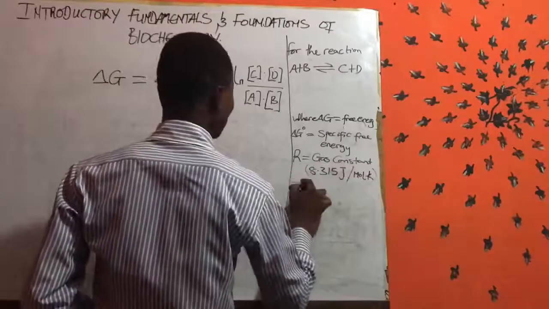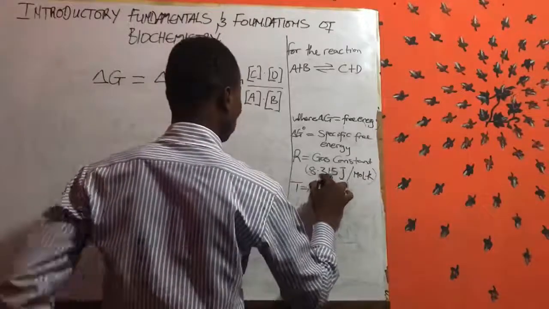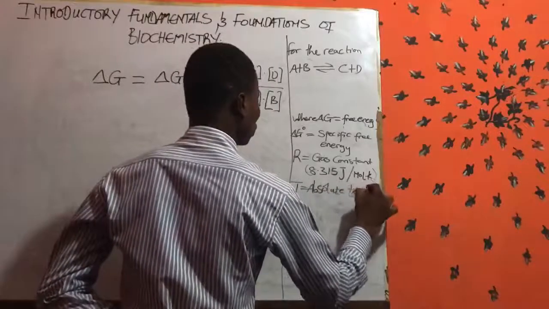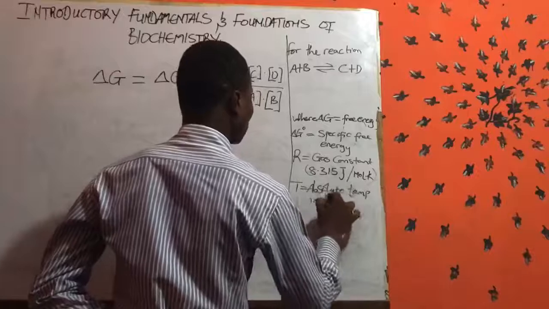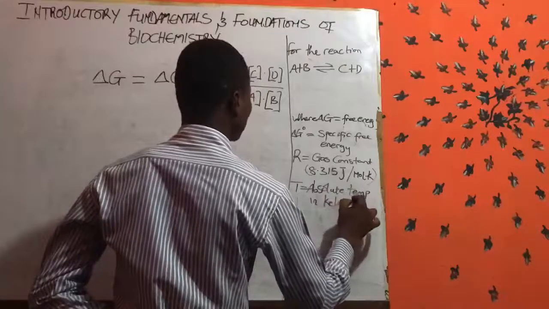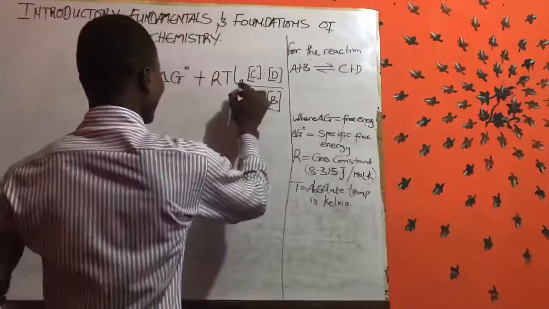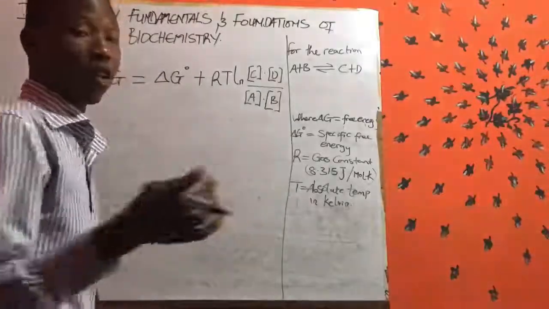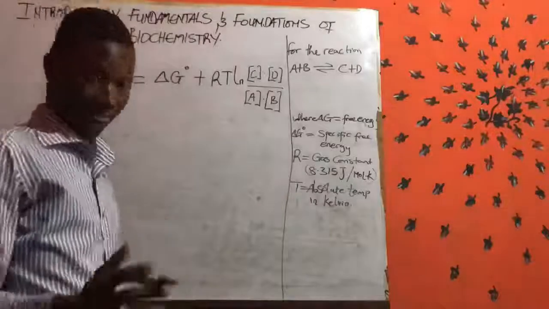Then T equals absolute temperature in Kelvin. Okay, and the ln here means natural logarithm. That is 2.303 of the logarithm to base 10.